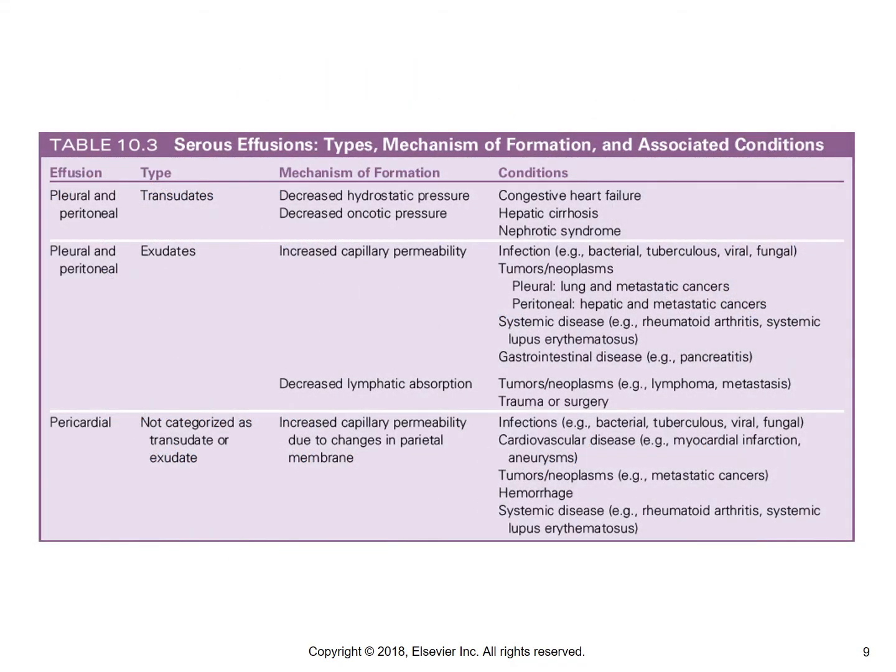Now, it's very important to classify these types of effusions because it helps physicians identify what's going on with the patient. So in table 10.3, you have the effusion, the type of the abnormality, and the mechanism or cause, and what types of conditions it can be seen.